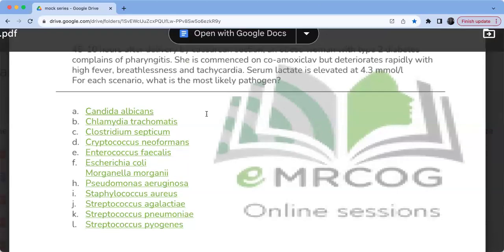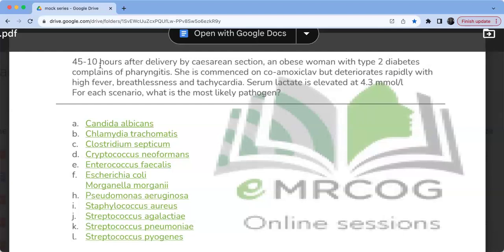This question is about a woman, 10 hours after delivery; the other one was 3 weeks. After delivery by cesarean section, an obese woman with type 2 diabetes complained of pharyngitis. She is commenced on coamoxiclav but deteriorates rapidly. Which infection can appear 10 hours after delivery, start with pharyngitis, and deteriorate rapidly with high fever, breathlessness, and tachycardia?